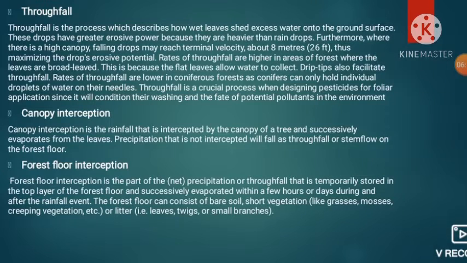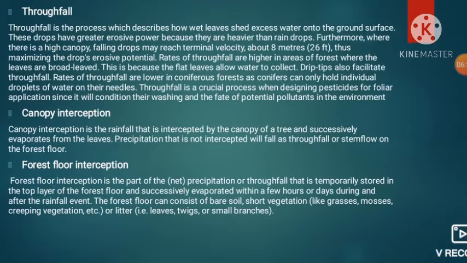Rates of true fall are lower in coniferous forest, as conifers can only hold individual droplets of water on their needles. True fall is a crucial process when designing pesticides for foliar application, since it will condition their washing and the fate of potential pollutants in the environment.